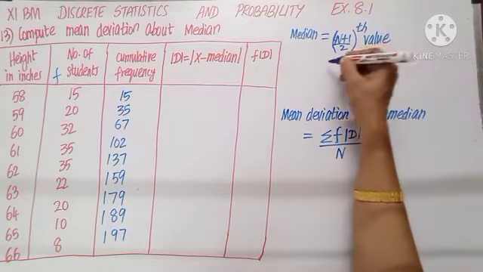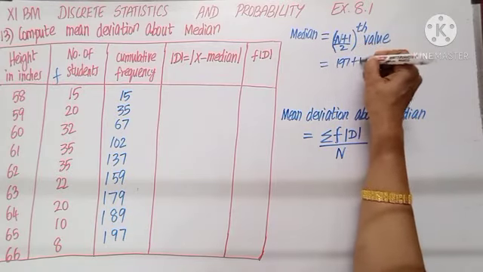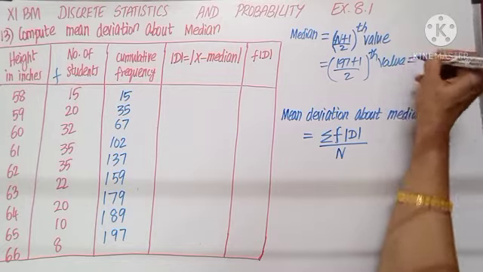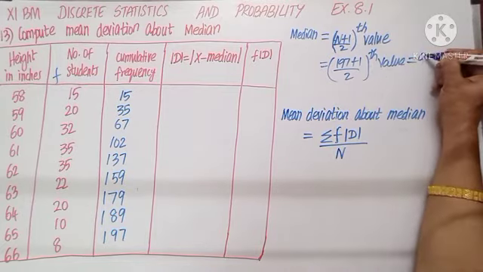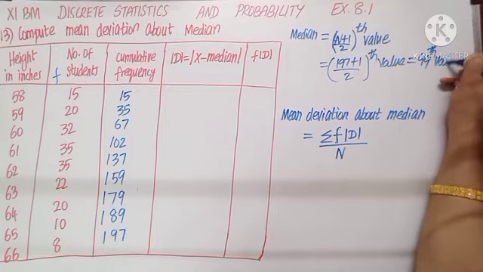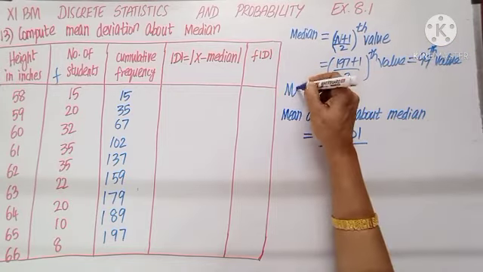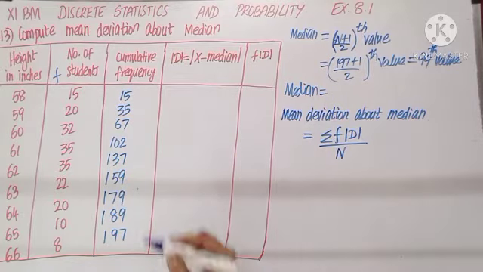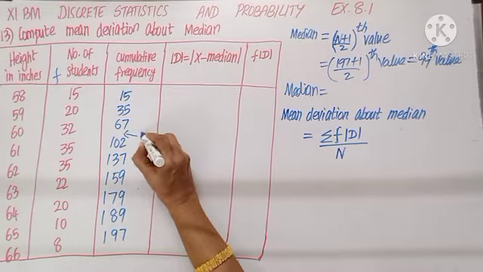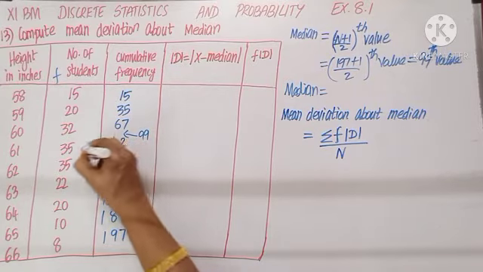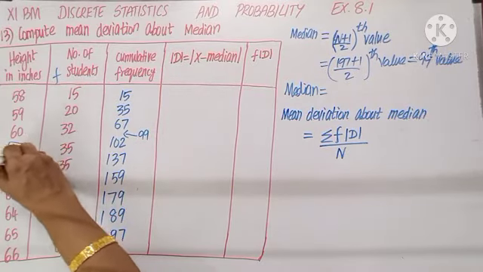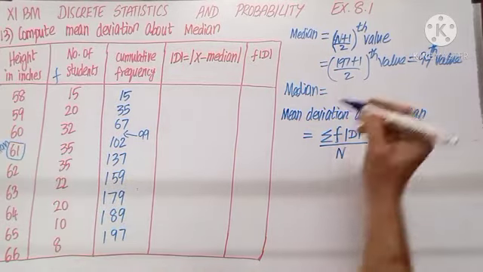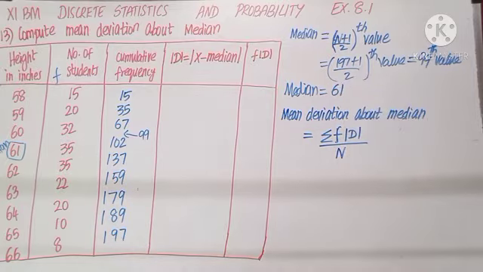Now median is the (197 plus 1) by 2th value. As I simplify, I get 198 by 2, that is the 99th value. Check in cumulative frequency where 99 is crossed. 99 is crossed here. So this corresponding X we will call the median. So the median value is 61.